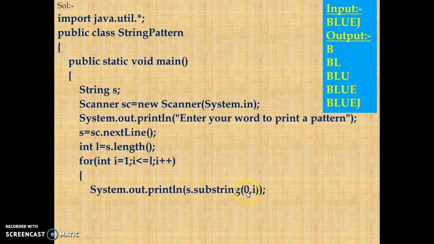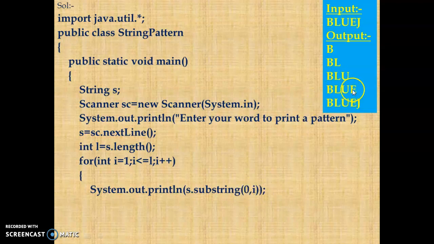Then from 0 to 2 means not including 2, so 0, 1. Then 0 to 3 means 0, 1, 2. Then next time 4 means 0, 1, 2, 3.